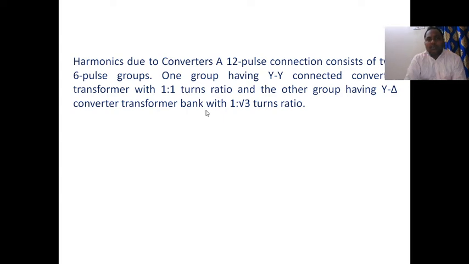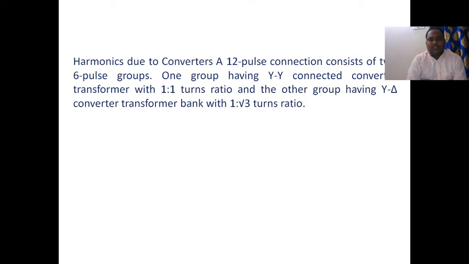This is very important: any 12 pulse converter is a combined operation of two 6 pulse converters connected in series. So when adding two 6 pulse converters, the converter transformers must be star to star and star to delta.